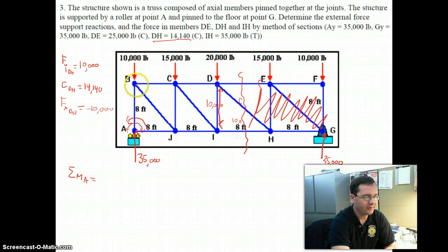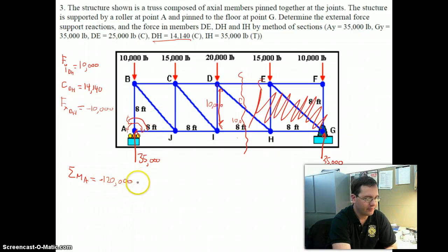Well, this 10,000 pound load is directly in line. It doesn't generate a moment because the effective length of the lever arm is 0. But I've got 15,000 times 8, which is 120,000. And in this case, it's going to be a negative number because it's a negative 15,000, but we're 8 feet to the right, so a negative times a positive is a negative.